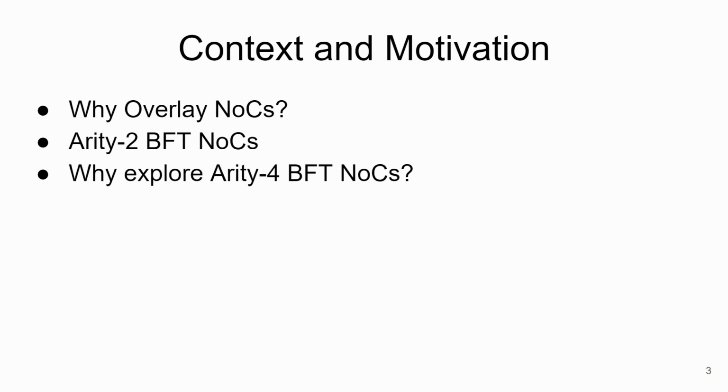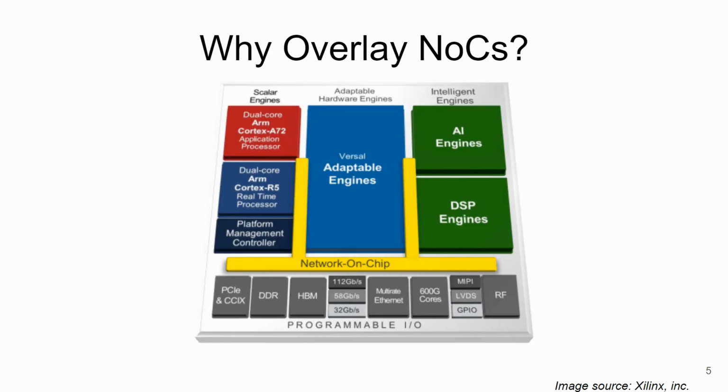In order to provide you with more context and motivation for this work, I would like to quickly address the three topics below, starting with why we consider overlay NoCs. So networks on chip are an important element in integrating subsystems nowadays, and in the FPGA context, this is made evident by Xilinx's new Versal architecture, which features a hard network on chip.